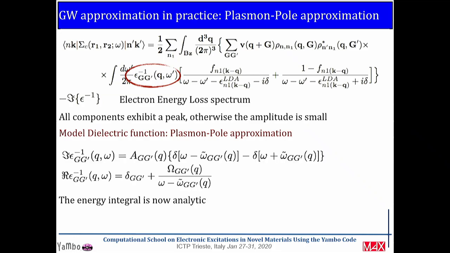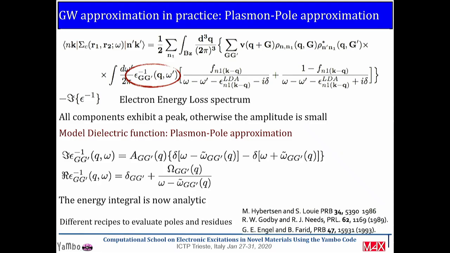This is the expression that you use to model it: a one-pole function. We have to calculate the residue and the pole of epsilon minus 1 G G prime. Once we are able to do that, then this integral is analytic. How to evaluate these parameters, there are many recipes in the literature.